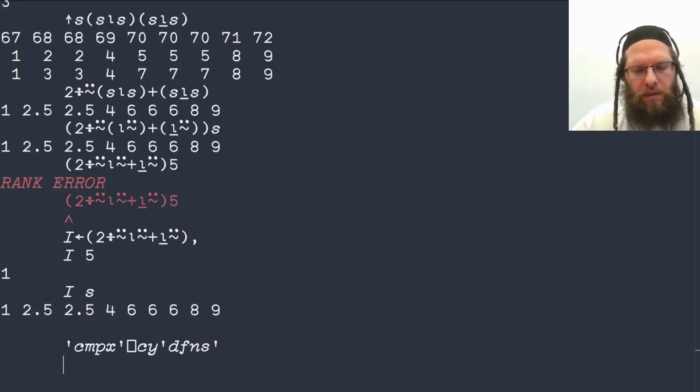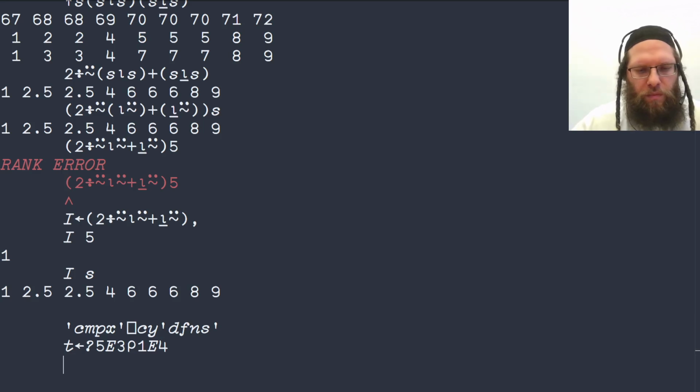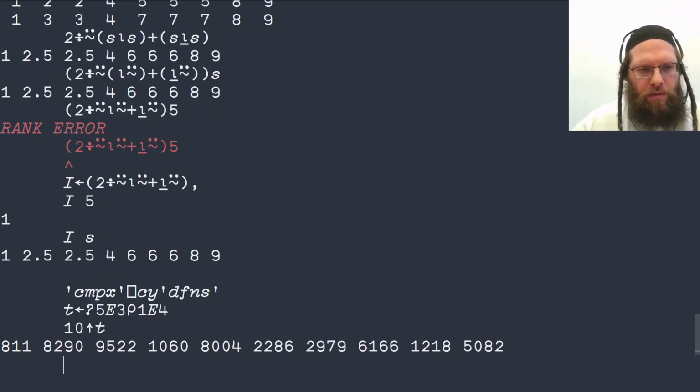So let's say that we are generating 5,000 numbers in the range of 10,000. And so these are the upper limit, and we apply the roll to that to get a whole bunch of numbers. We can take the first 10 and look at them. Okay. Oh, look at that.